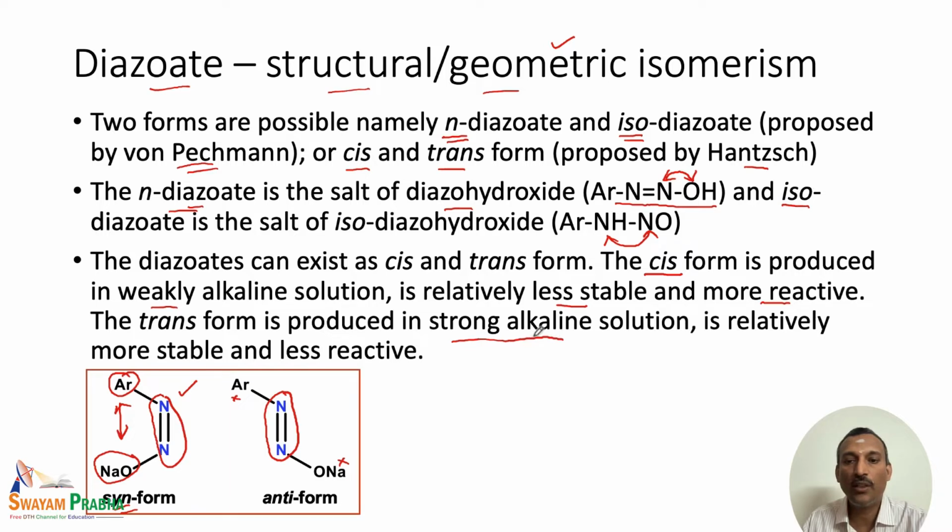Under these conditions, the trans isomer formed is more stable, and since it is more stable, it is less reactive. These are the ways by which Hantzsch proposed that these diazotate compounds have cis and trans geometric isomeric structures.